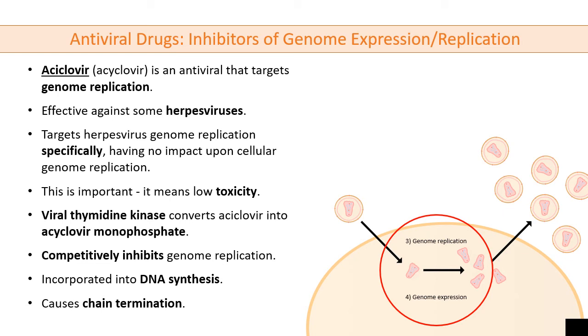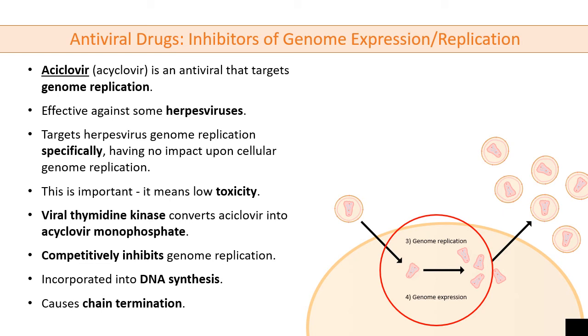It essentially competitively inhibits the process, so it competes with the normal cellular process going on and reduces genome expression and replication. Now, if the viral thymidine kinase isn't there, this process never happens because acyclovir isn't processed to its active form. And this is one of the ways that researchers have very cleverly got around this idea of toxicity.